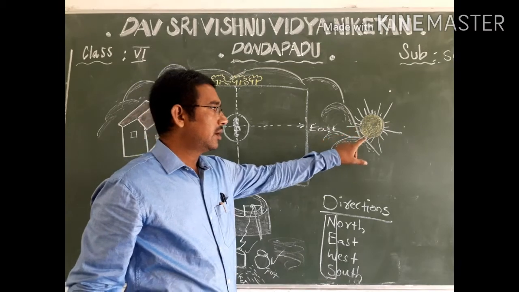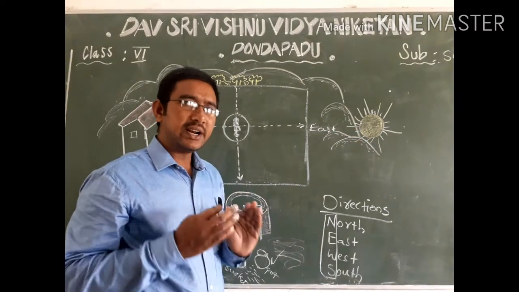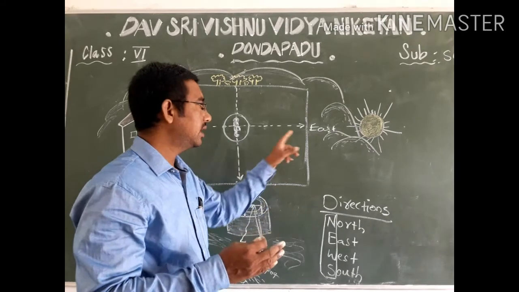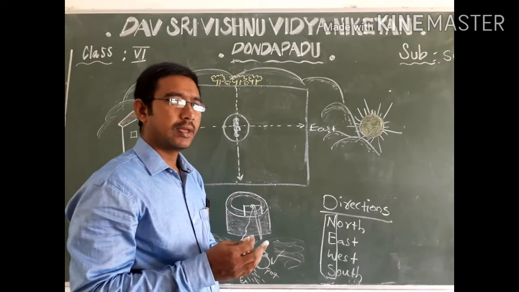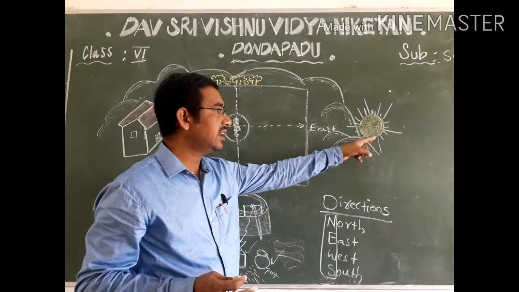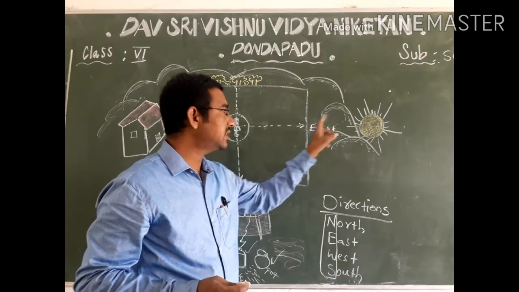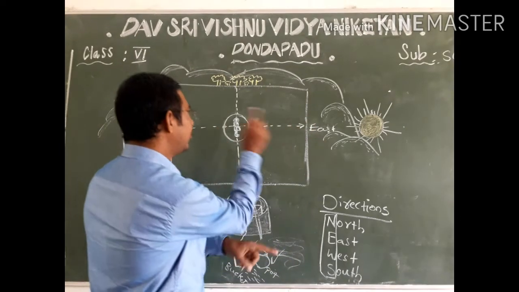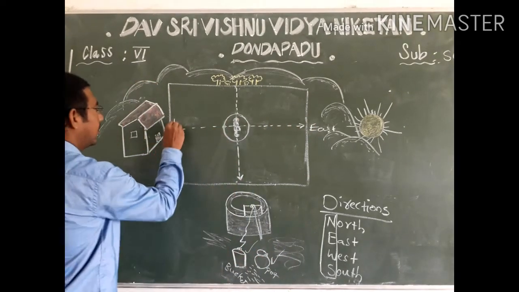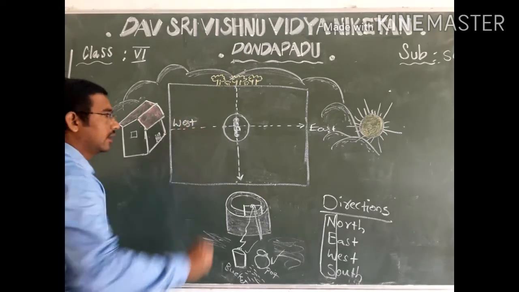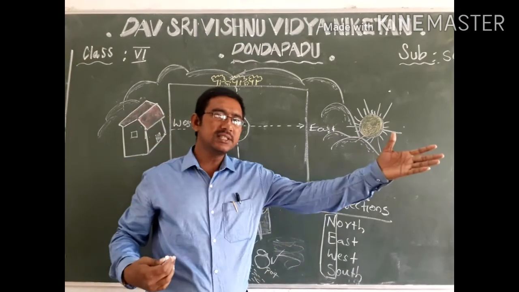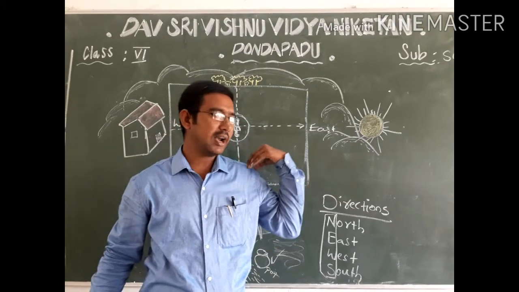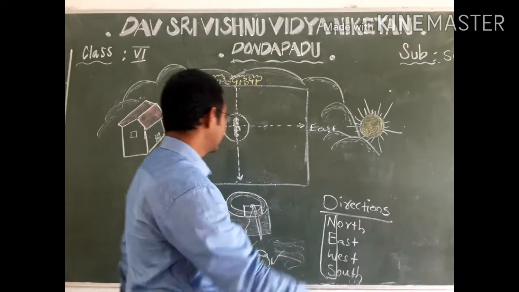Whichever side the sun is rising, that direction is the east. So the sun rises on this side, that's why this direction is the east. Opposite of the east is the west. When we stand towards the east, our right is south, our left is north.